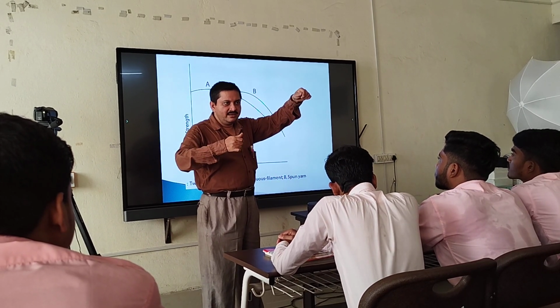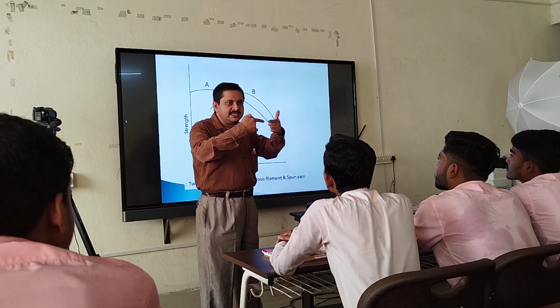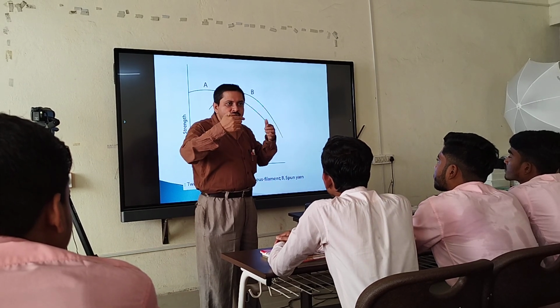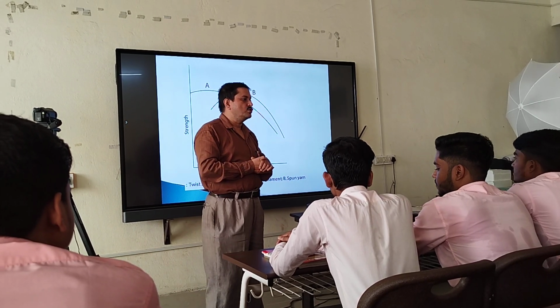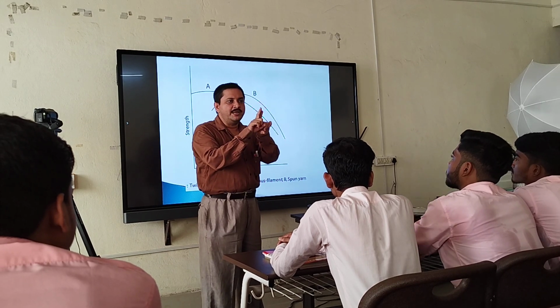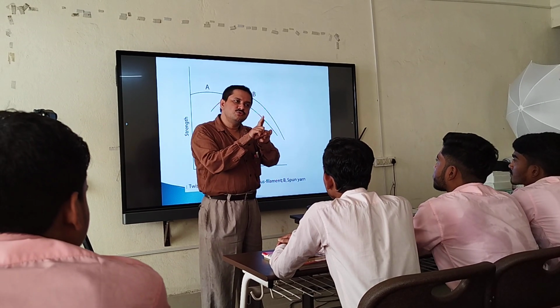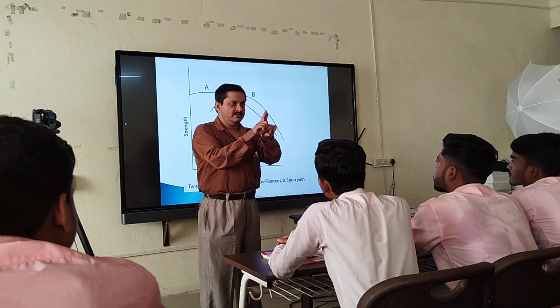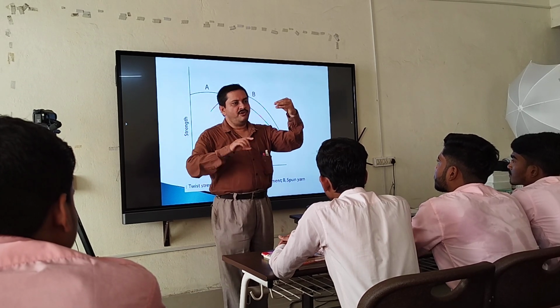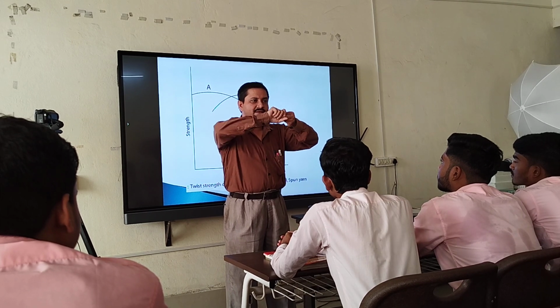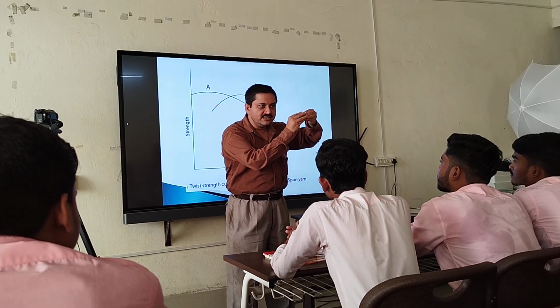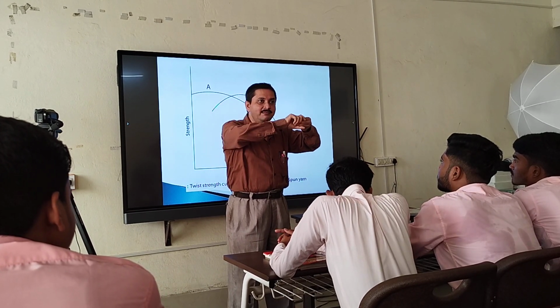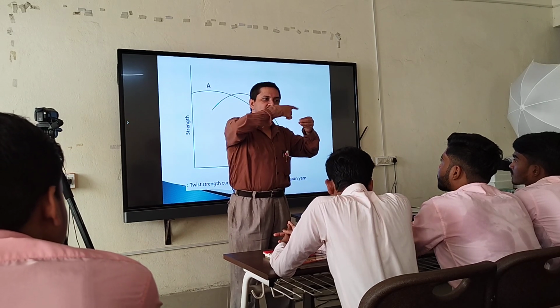The force is applied, and what happens? Compressive force will be applied. Due to the increase of the compressive force, what will happen? Fiber to fiber friction force will increase, because the fibers are coming very close to each other. Suppose a number of fibers are there and you are twisting. They come closer to each other due to the spiral movement of the outermost layer fibers.